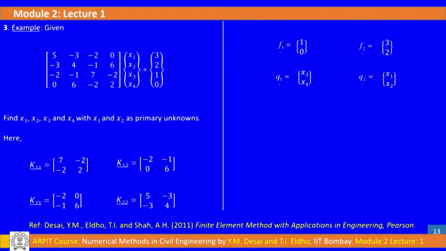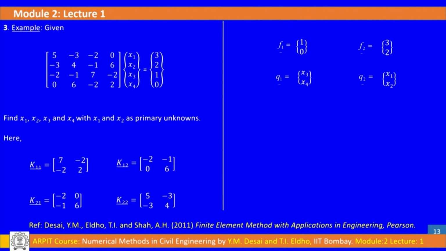So, that is what we will do. We rearrange the rows and columns, and once we rearrange them, we have our submatrices K11, K12, K21, K22 and also the subvectors F1, F2, Q1, Q2 as shown in this slide.